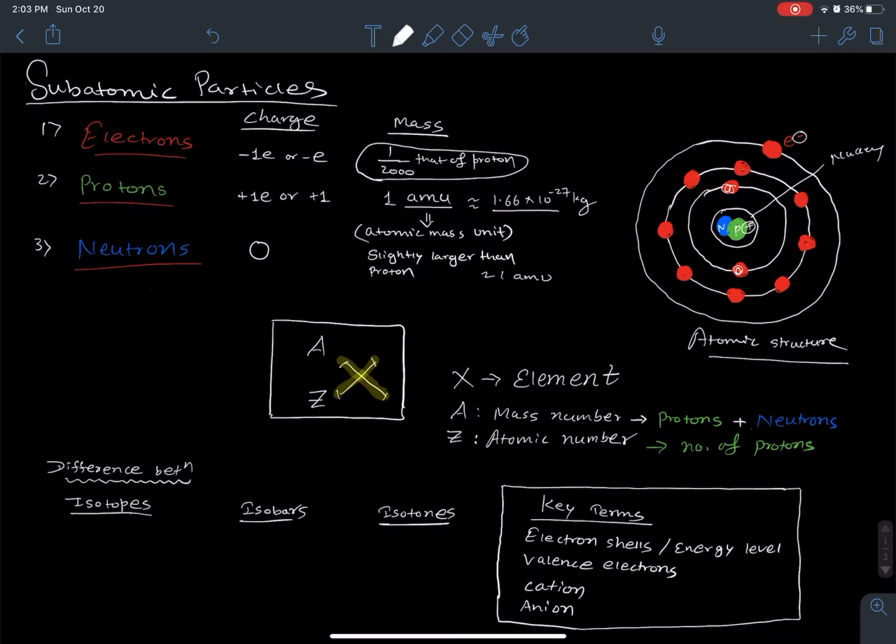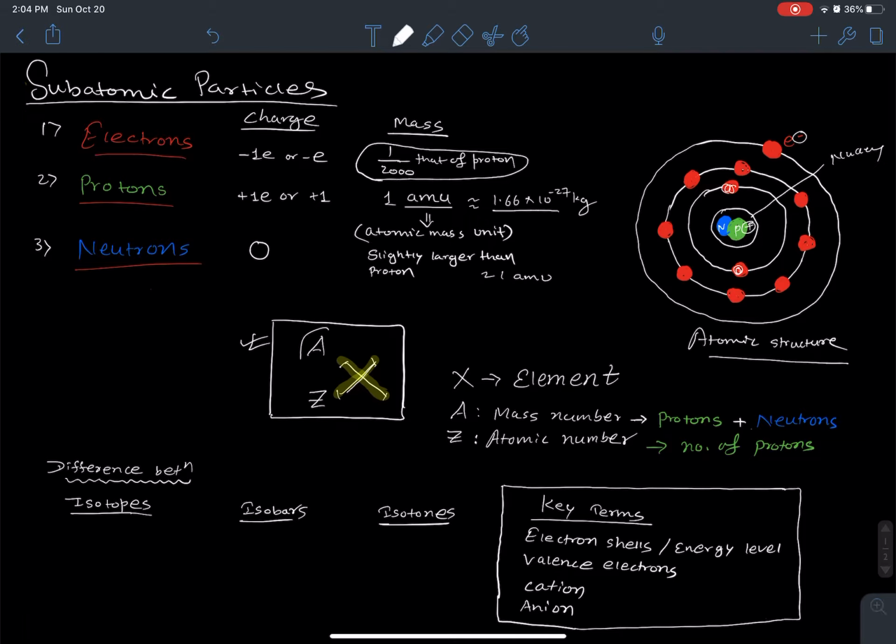When we look at an element, we usually give it a symbol like this. Here X is the element, and A and Z are written to symbolize the element this way.